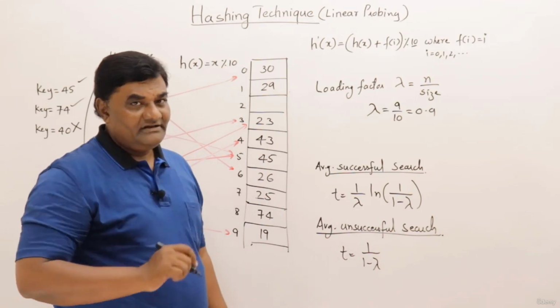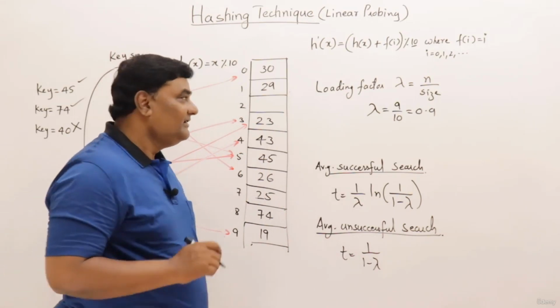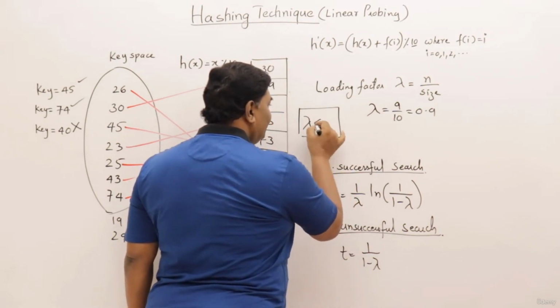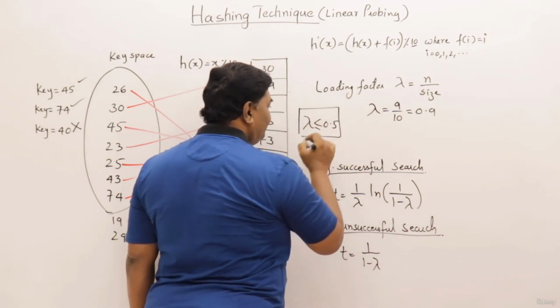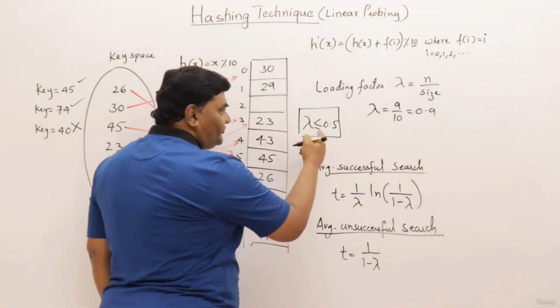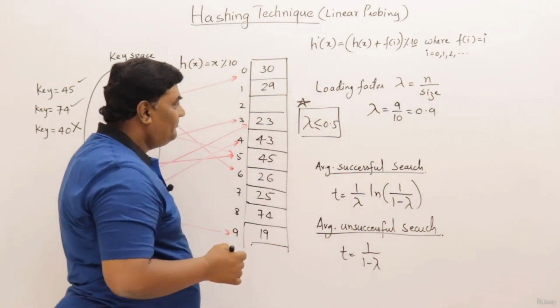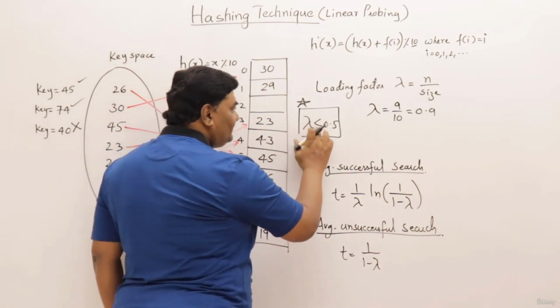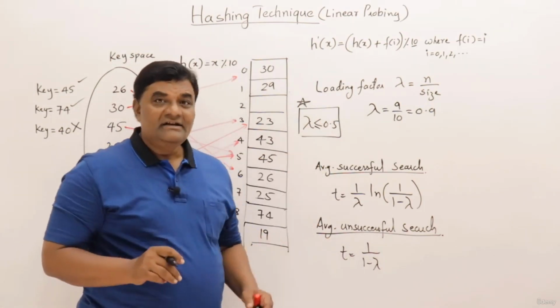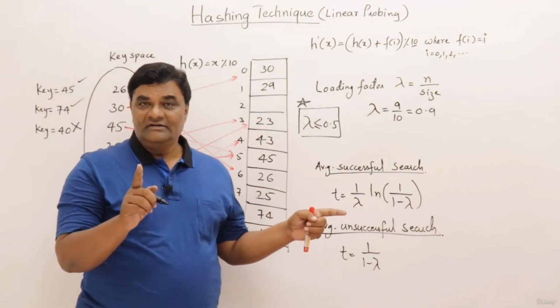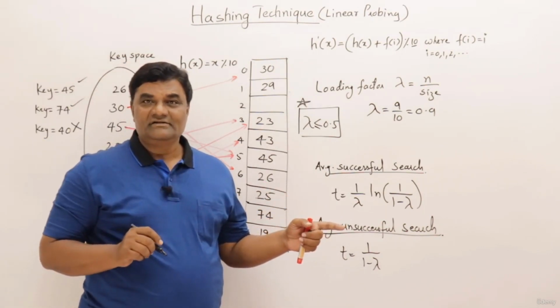Now one very important thing: loading factor should always be less than or equal to 0.5. It should not exceed 0.5. This point is very important to clear many doubts. It means that if the hash table size is 10, you should not fill more than 5 keys.